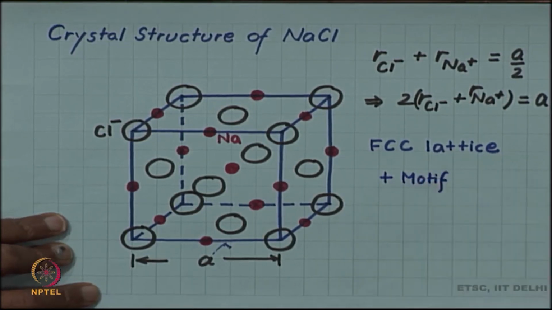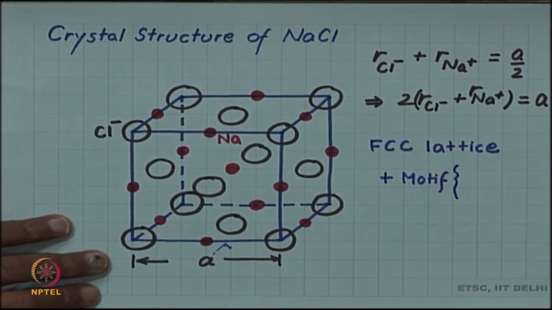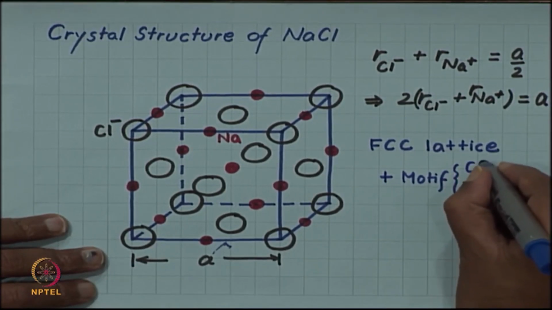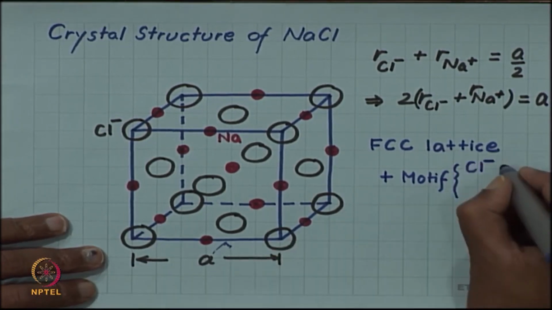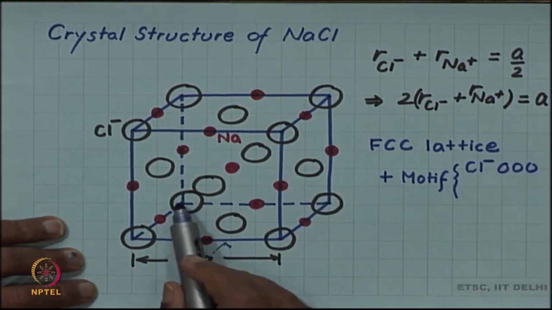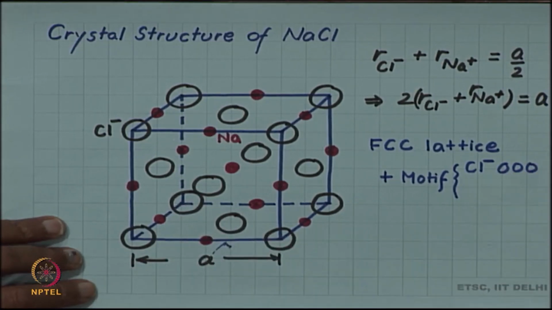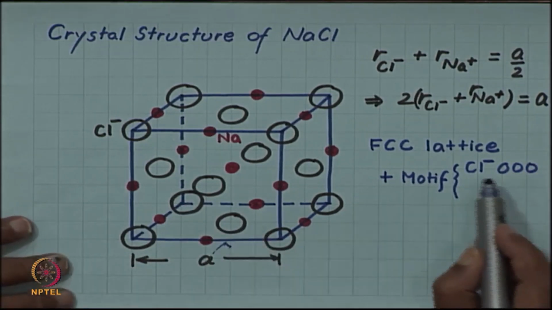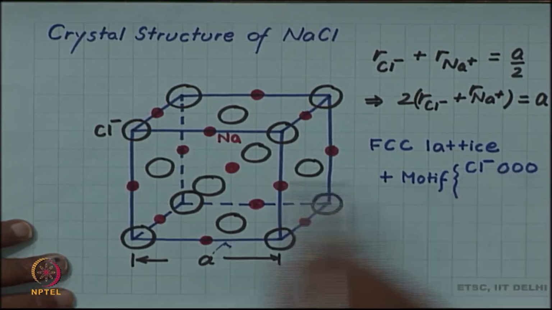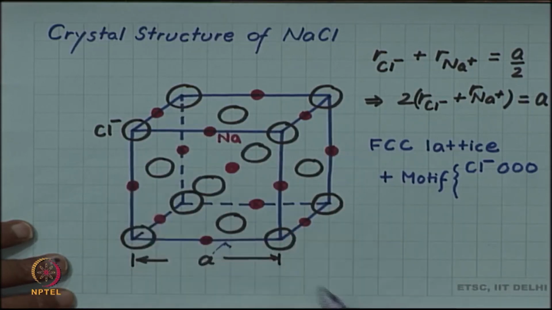So, motif will be of 2 atoms here. One is the chloride ion Cl minus, and that is at each lattice point. These are the displacement coordinates with respect to the lattice point. So, with respect to each lattice point, without any displacement, chloride ions are put. So, that is the face centered cubic lattice sites, corners and face centers.